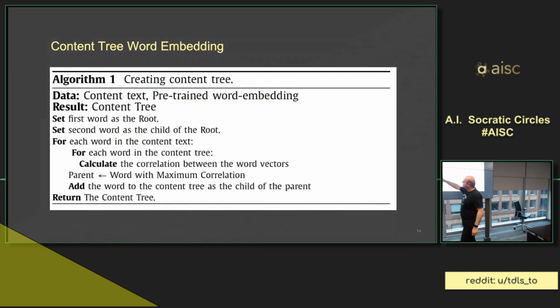Here you can see that the first word is the root, the second word is the child of the root, and for each word in the context, it will compare the word with each word in the content tree and calculate the correlation, and the parent will be the word in the tree which has the maximum correlation.